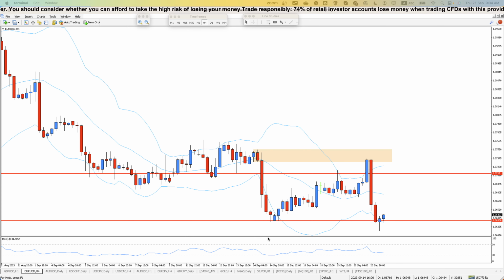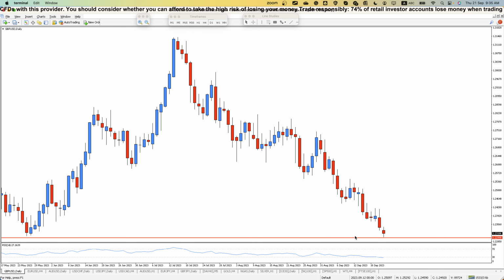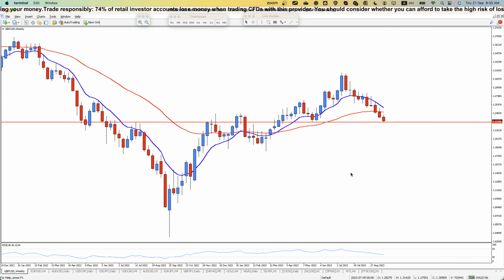So let's start with the pound against the US dollar. Yesterday we had some moves due to the Fed interest rates announcement, and as you can see, the US dollar got strengthened. Regardless, they kept the interest rates unchanged.